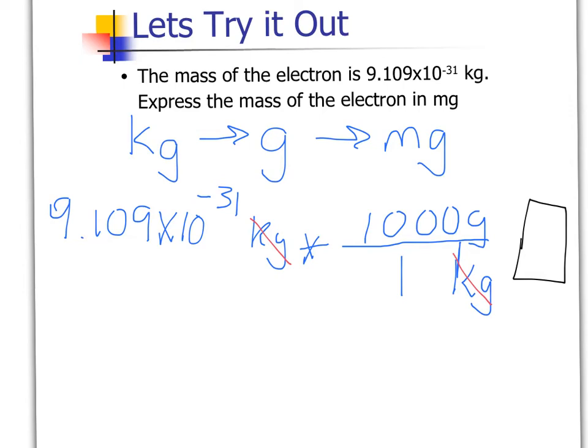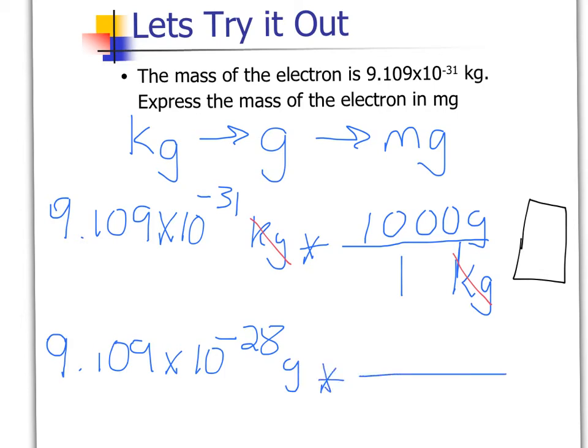So we'll start over almost the brand new thing with the brand new number and write out, which will end up being 9.109 times 10 to the negative 28th grams, and now I will convert that into what my ultimate desired unit is, and that is kilograms, not kilograms, I'm sorry, milligrams, and get rid of just the grams in there.